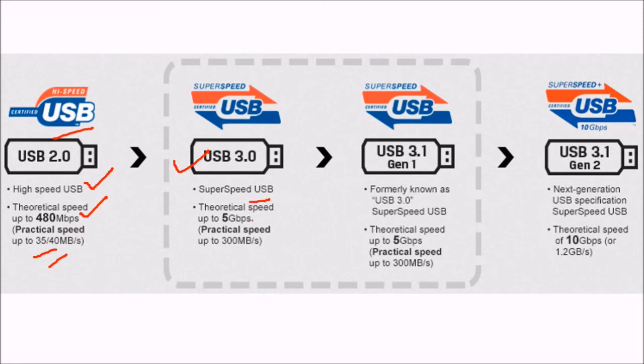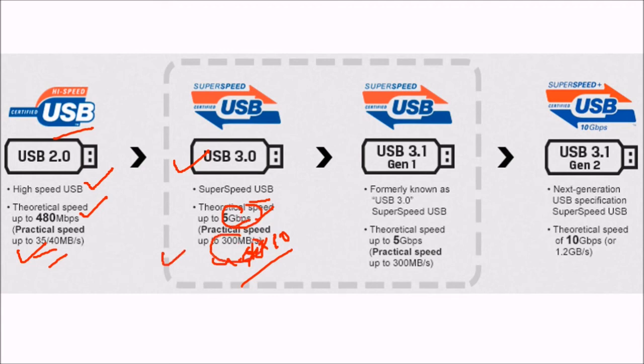The theoretical speed is 5 Gbps, which is 10 times 480 Mbps, so that is higher than what we used to get. You can get around 300 MB per second in practice.